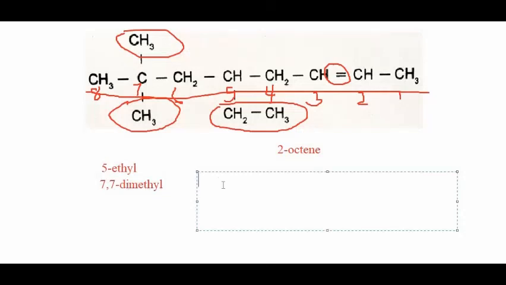So, we're going to have 7, 7-dimethyl, then 5-ethyl, and then our parent chain, which is 2-octene. So, the name will be 7,7-dimethyl-5-ethyl-2-octene.